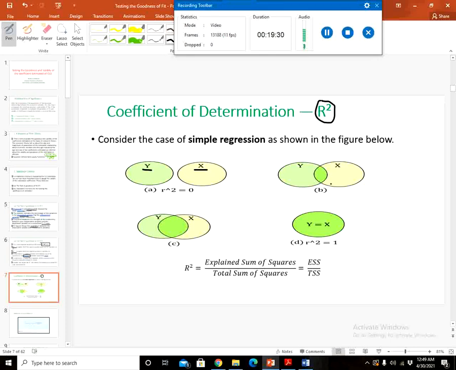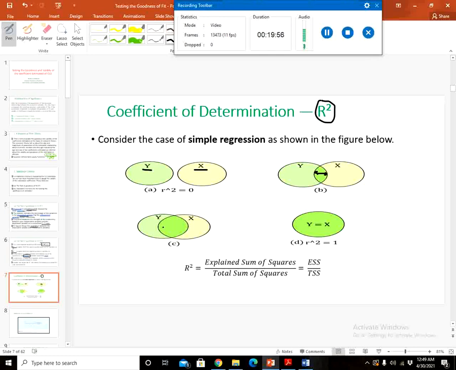Here we see in model B, there is some common variation. These are the common variation, right? Which shows that there is a smaller proportion of the variation which is common. It means here the R-square will be about 0.15 to 0.2, and the model will be a loose fit.